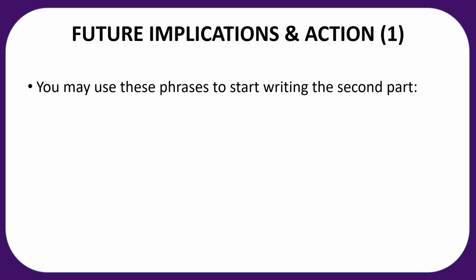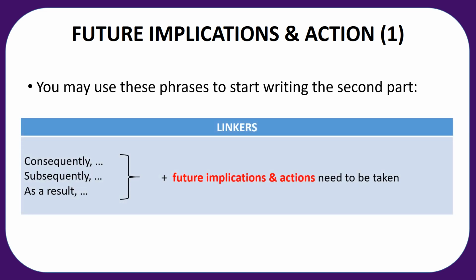Now, for the second part of the conclusion, which is future implications as well as action. You may start this part using these phrases: consequently, subsequently, or as a result. And then you give future implications as well as actions that need to be taken.